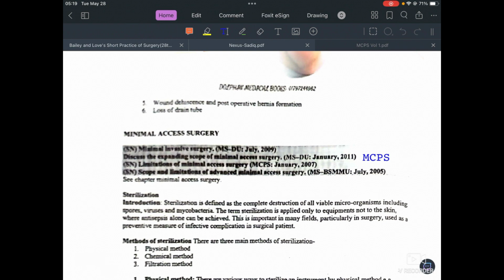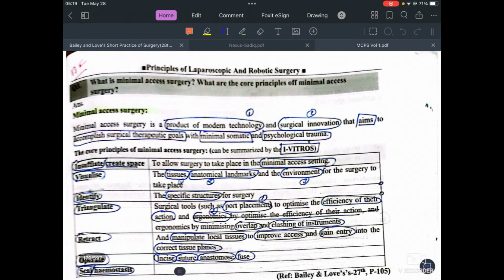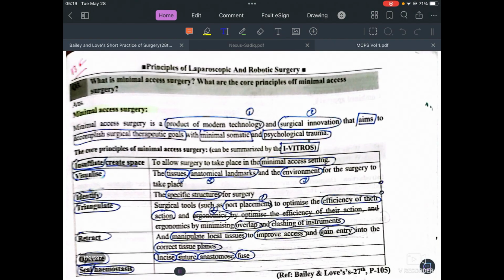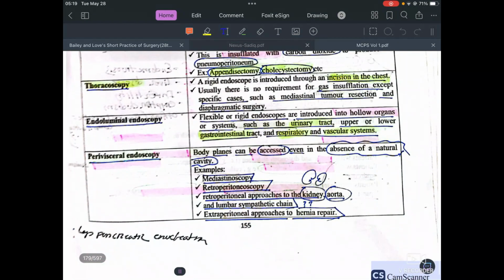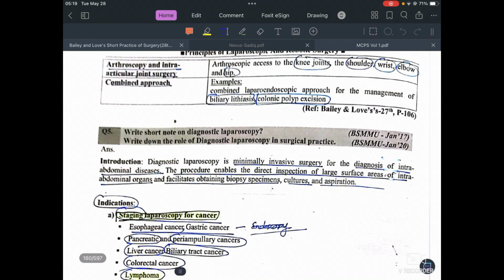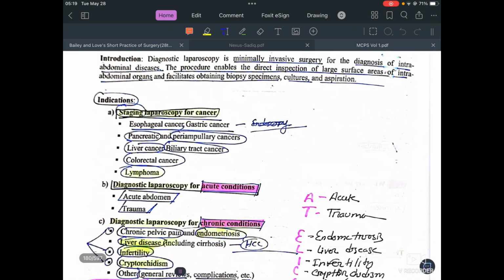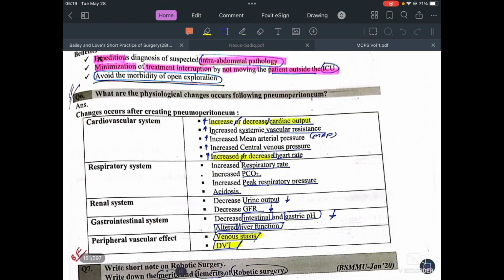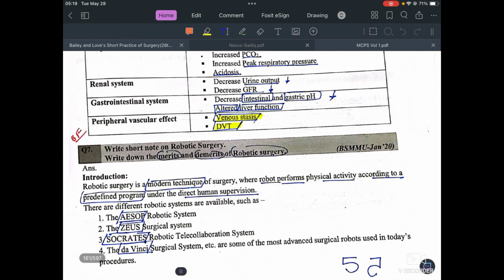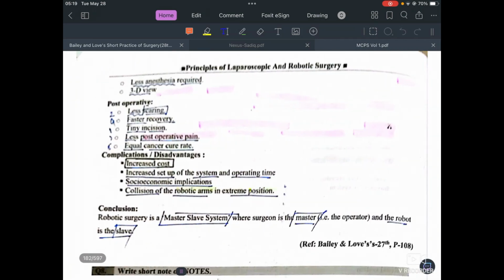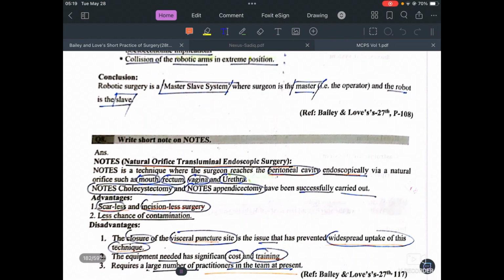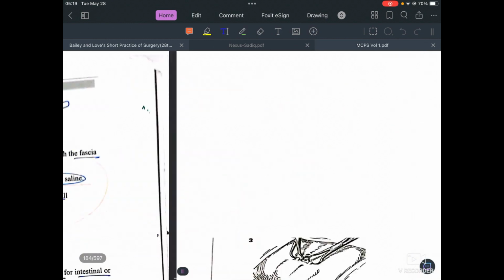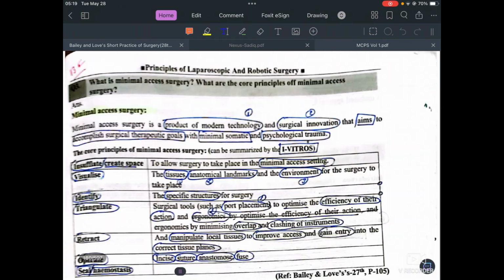In the MCPS, the limitations of minimal access surgery come up. Here are the core principles, and what is the scope.